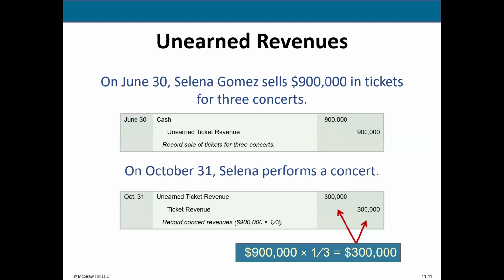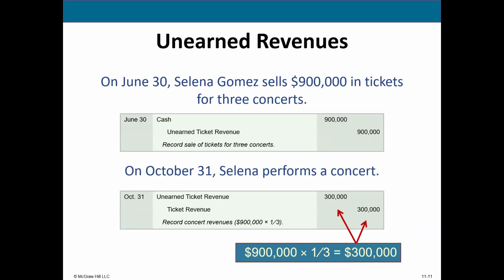The next one that I like to talk about is called unearned revenue. This is also known as deferred revenue. This is the amount we've received from our customer in advance of us delivering the good or the service.